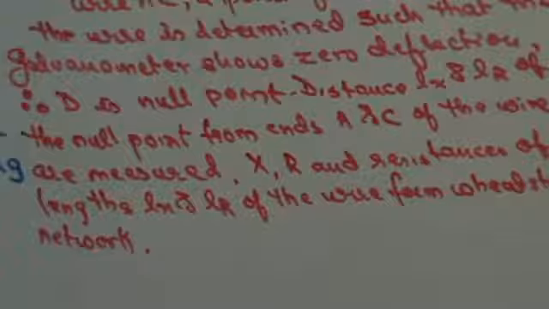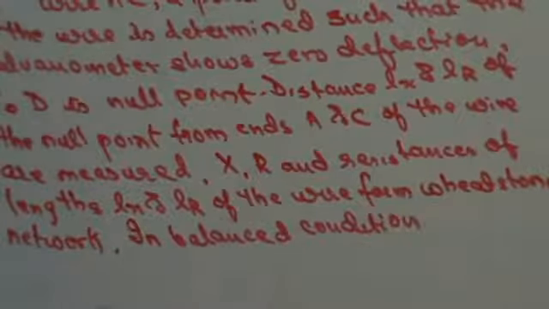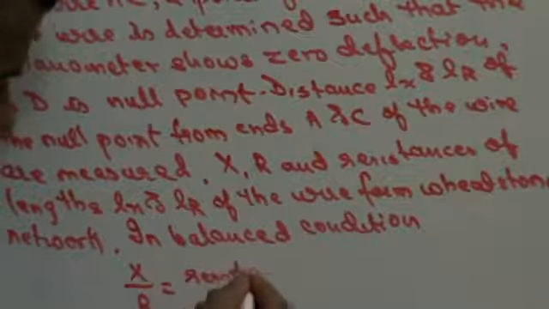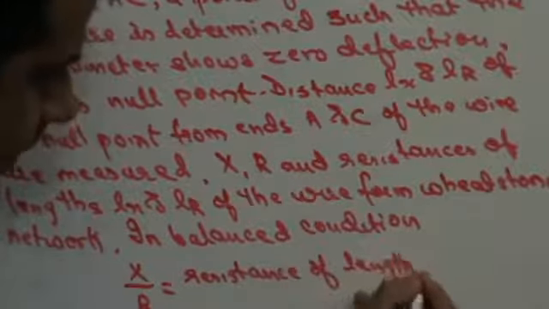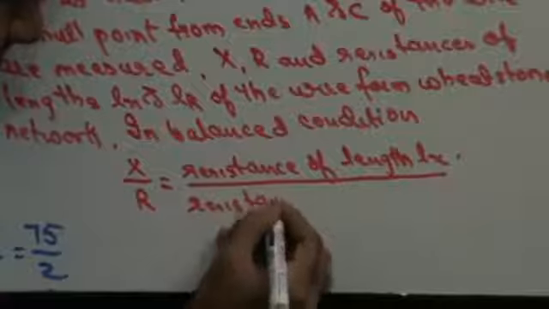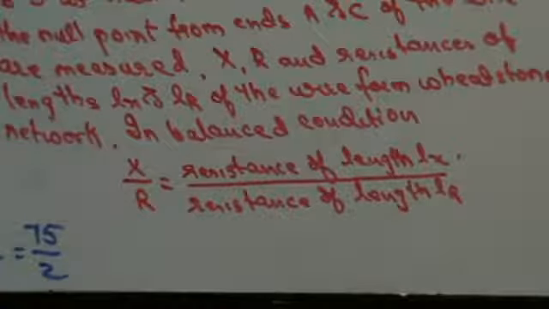Fine. Now, in balanced condition, x upon r is nothing but the resistance of length Lx upon the resistance of length Lr. Let's consider that sigma is the resistance per unit length.